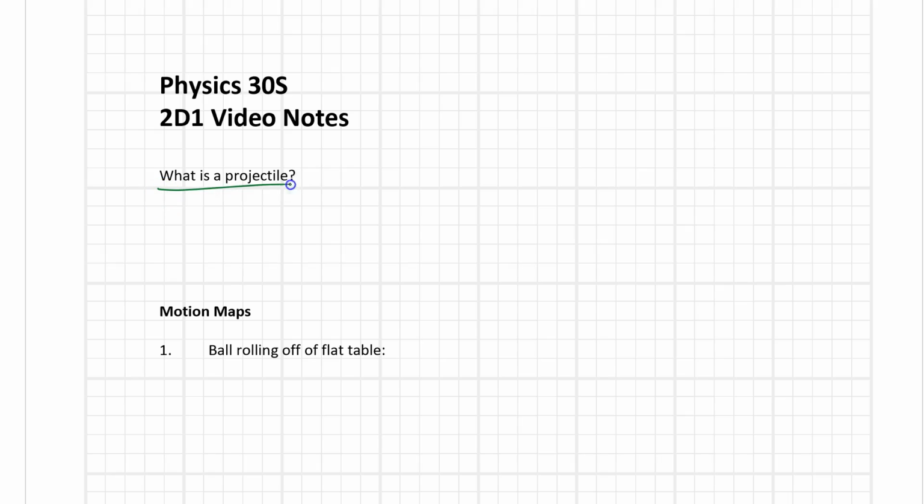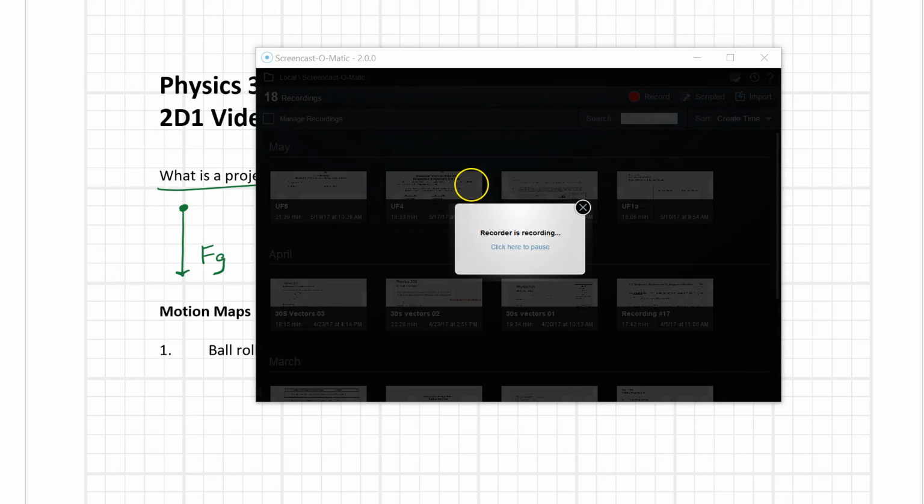Just to start off with, we're going to answer the question, what is a projectile? I probably mentioned it in class, but I'll give you a hint. This is the force diagram for it. That's it. So what's a projectile? It's something where the only force is the force of gravity.